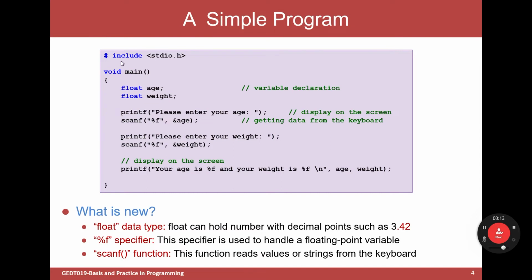This one is the pre-processing line, to include a library in our software, and this library is for using printf. We saw last week that printf prints some output on the screen. For example, it will show in the black screen the sentence "please enter your age".